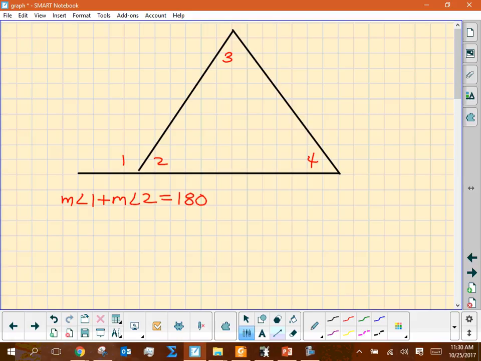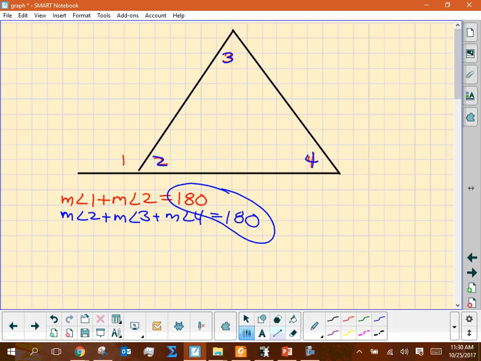Okay, what are you going to tell me about angle 2, angle 3, and angle 4? Okay, so measure of angle 2 plus measure of angle 3 plus measure of angle 4 is equal to 180. What do you notice about those two numbers right there? They're the same. So what's that tell you about the sums over here? Well, they're the same, right?